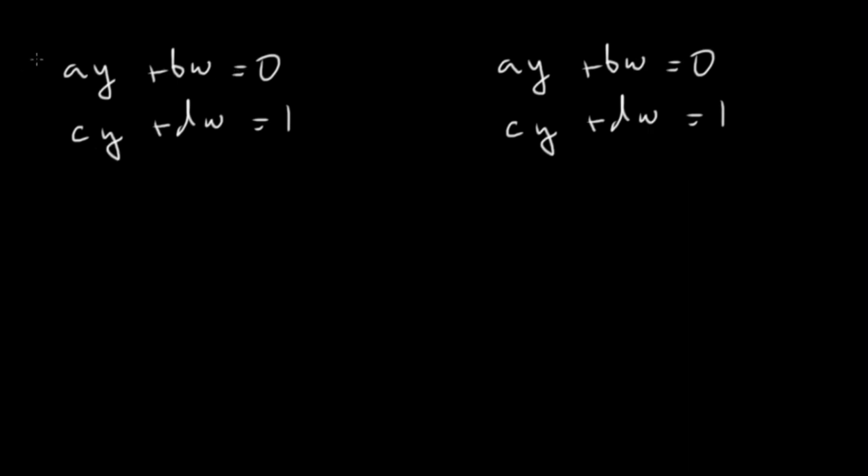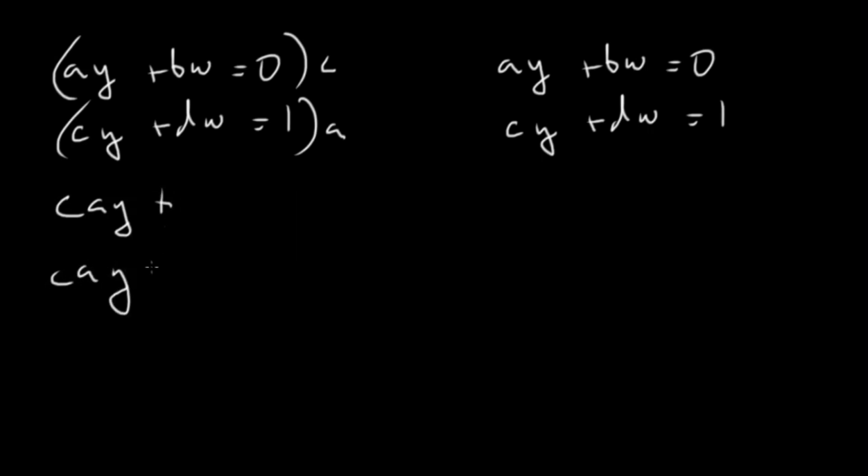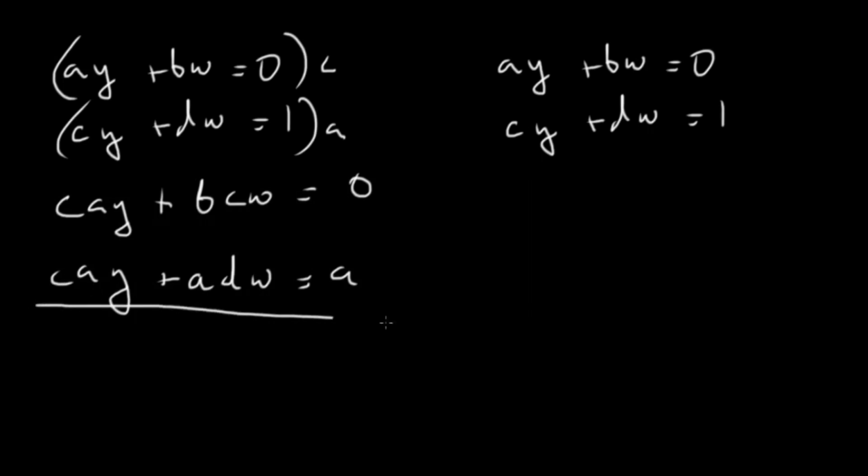All right, so I'm going to multiply this thing by C. I'm going to multiply this one by A. CAY plus BCW, and ADW is equal to 0. I'm going to subtract these two equations.